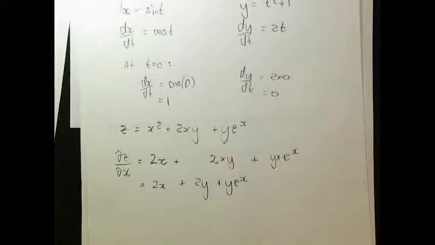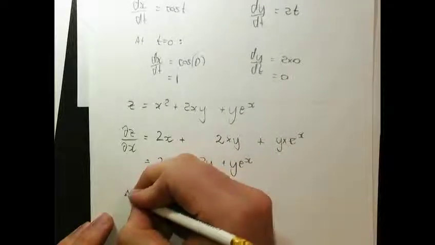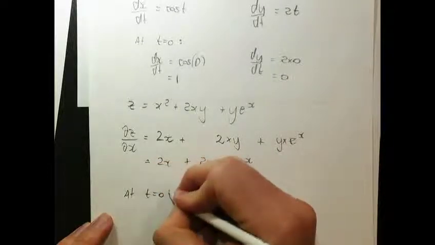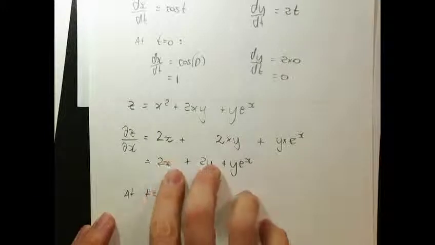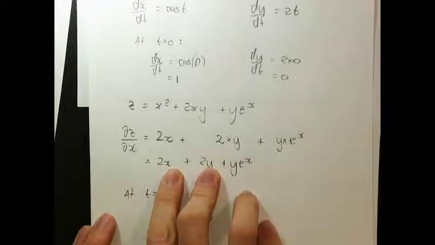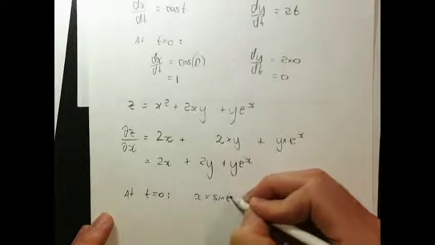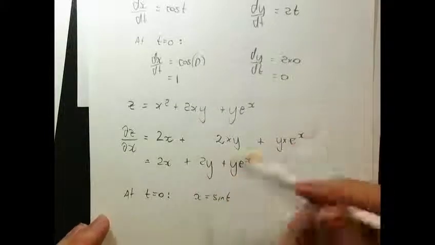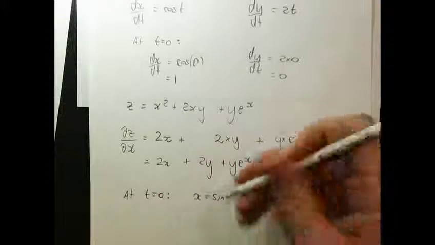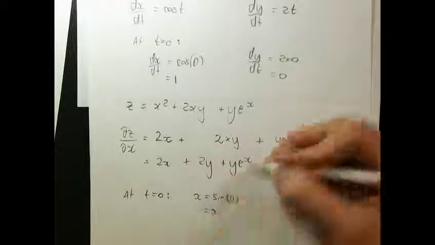Okay. And I need to figure out what that is when t is 0. In order to figure out what dz on dx is, I'm going to need to know what x and y are. So x equals sine t, so it'll be sine of 0, which is 0.